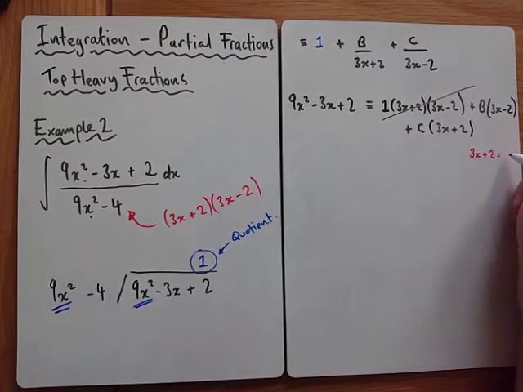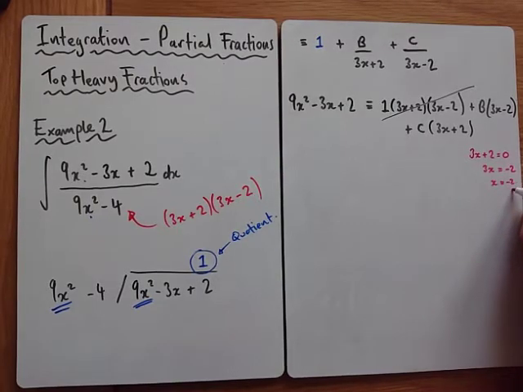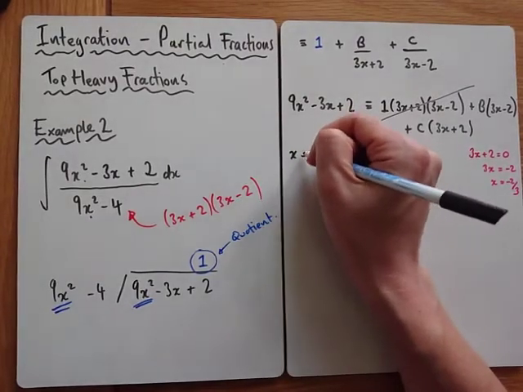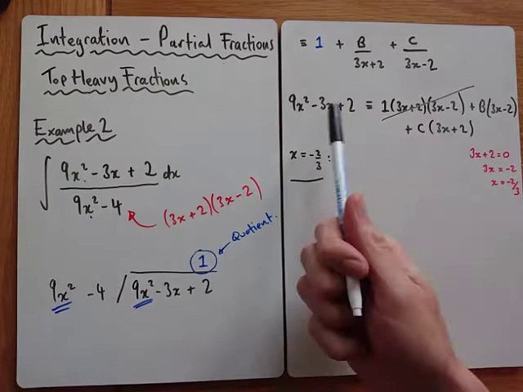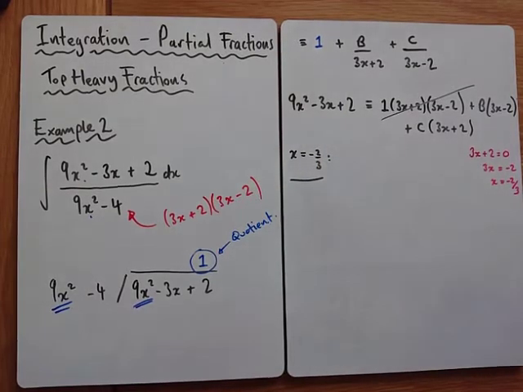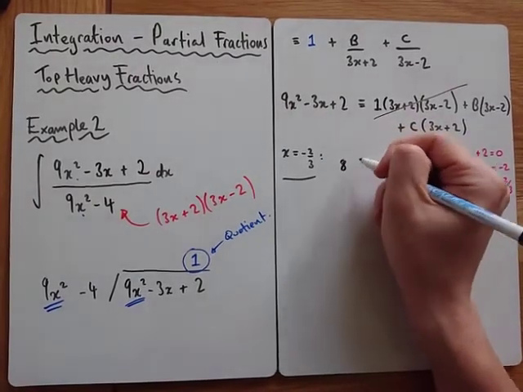If 3x plus 2 would equal 0, we're going to have to sub in x equals minus 2/3. So if x equals minus 2/3, sub that into the left hand side, and we get 8.